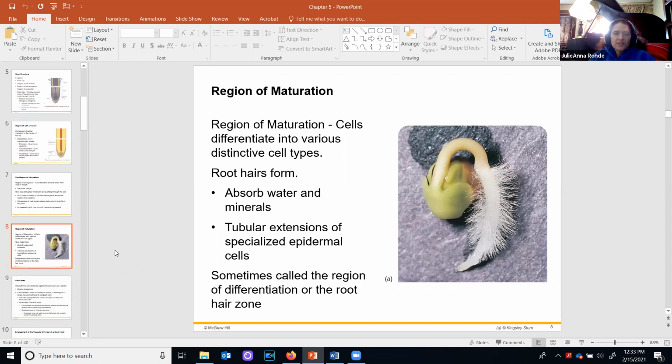Region of maturation: cells differentiate into various distinctive types of cells, and we can get things like root hairs forming. Okay, this is a little picture. Oh, hey, this is more like the picture I was trying to show a while ago.